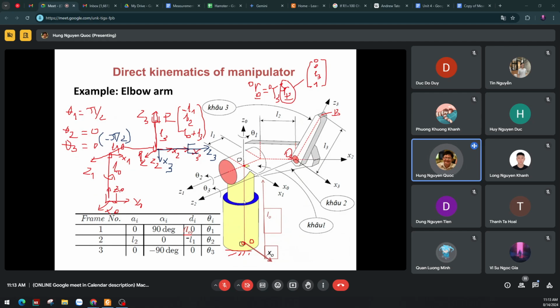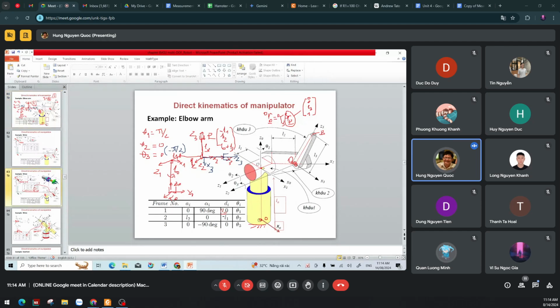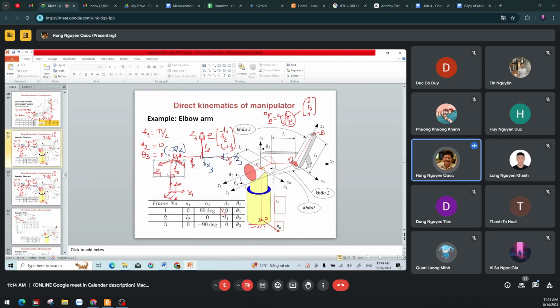Okay, this is a little bit more complicated, right? In fact, this is what I showed you already. Now, just look at this one. I want to plot this one. I delete all of this, just delete all of this.